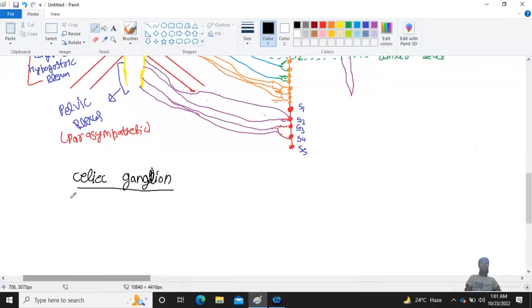So basically, the ganglia in the celiac are first the two celiac ganglia, this small celiac ganglion. One is the superior mesenteric ganglion.